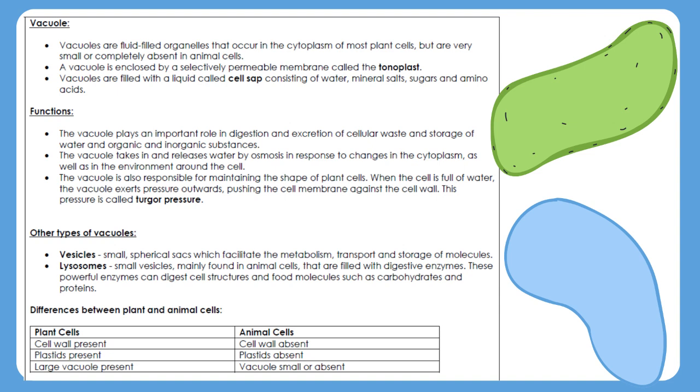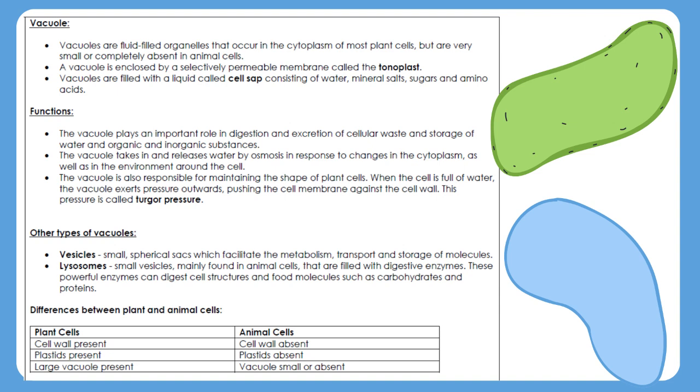Functions. The vacuole plays an important role in digestion and excretion of cellular waste and storage of water and organic and inorganic substances. The vacuole takes in and releases water by osmosis in response to changes in the cytoplasm, as well as in the environment around the cell.